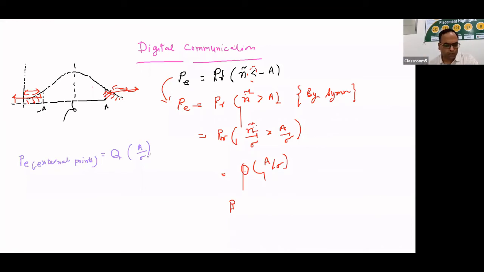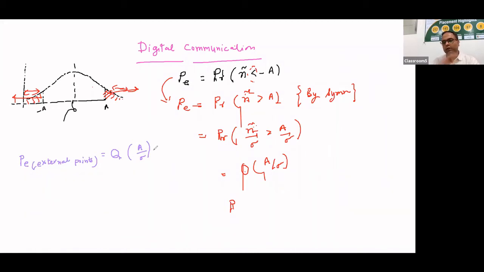And again, we know that if we are having white noise, then this formula can be modified to Q of under root A square upon eta naught by 2, that we will do later, right? So probability of error is equal to Q of A by sigma.